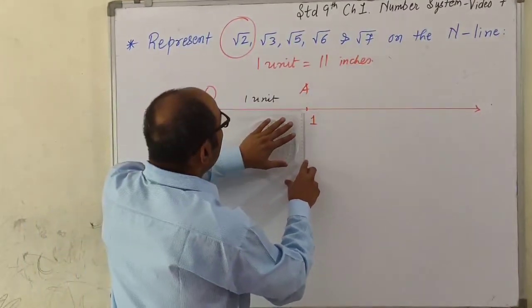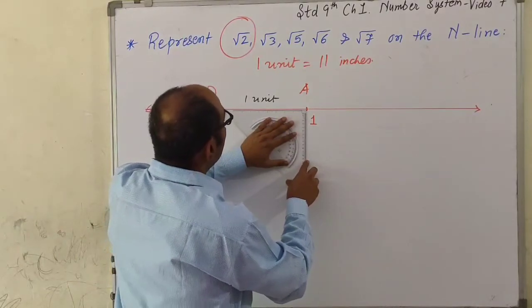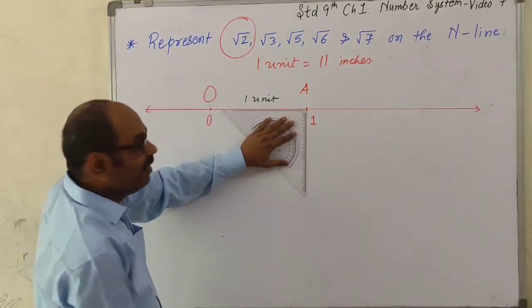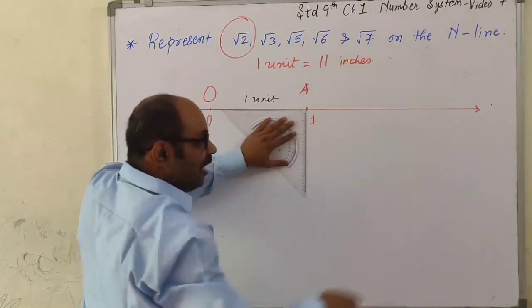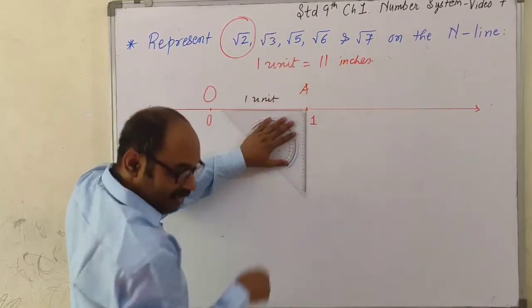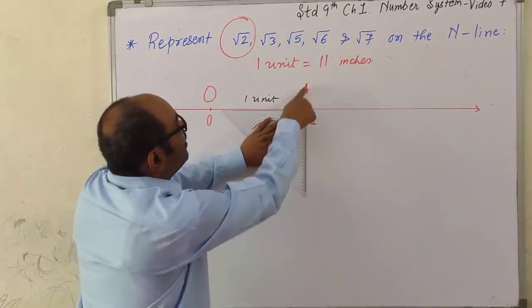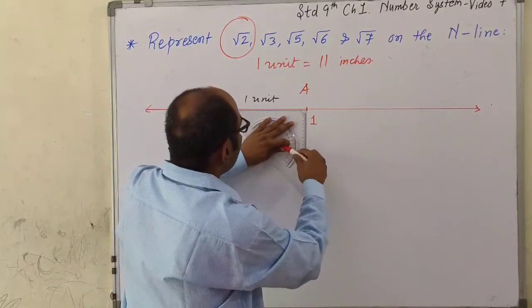Take a look. I think both the things are satisfied. One of the perpendicular edges is along the line, and the vertex at which the right angle is formed is coinciding with point A. So let me draw.